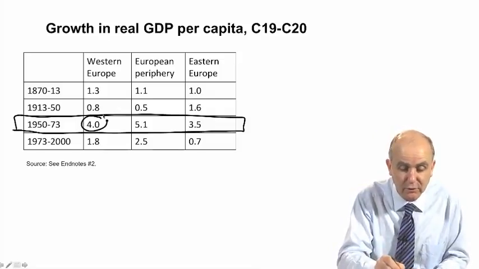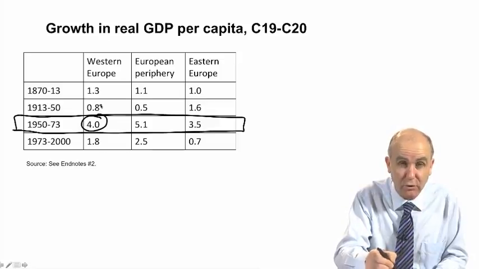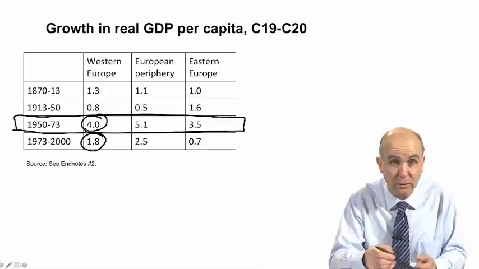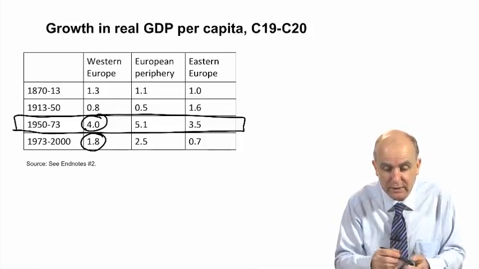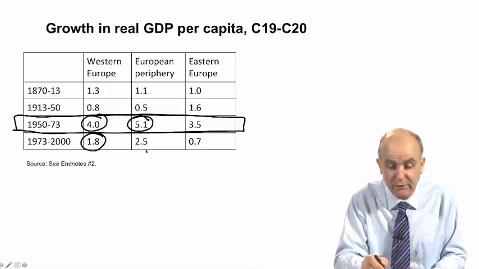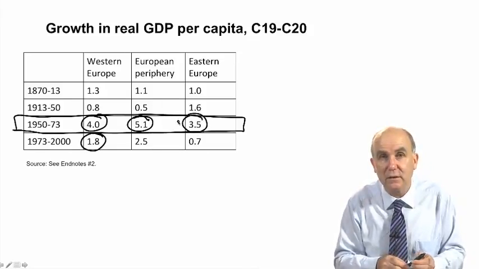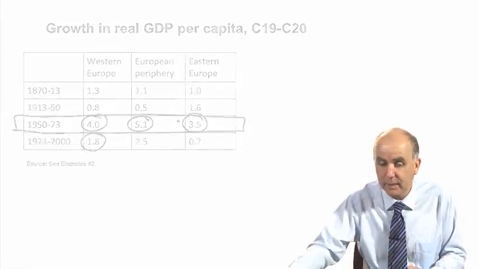So you can see much higher than before the 1950s, or was to occur after the mid-1970s. Similarly for the European periphery, and similarly for Eastern Europe as well.